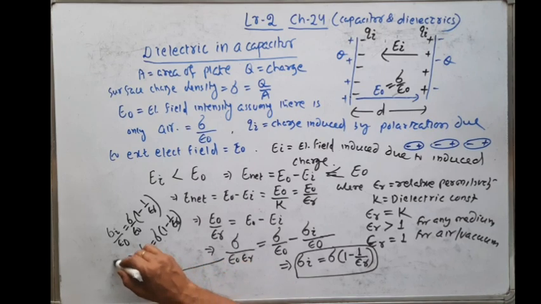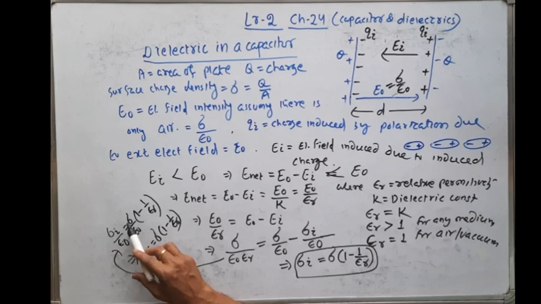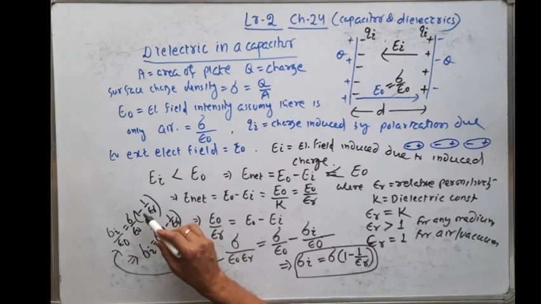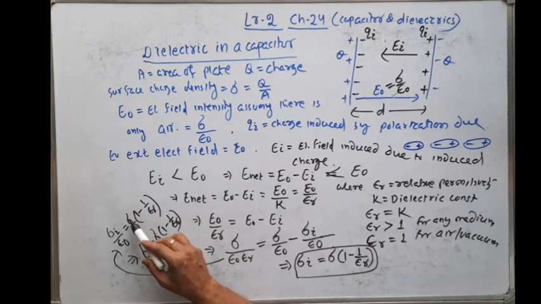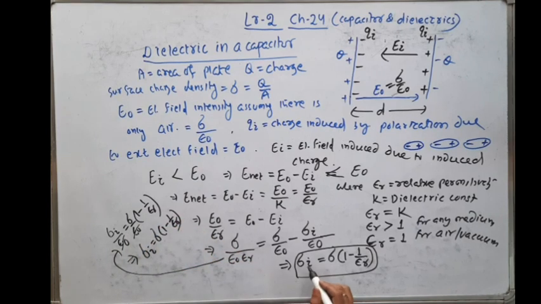So now rearrange this. So sigma i by epsilon naught is equal to sigma by epsilon naught minus sigma by epsilon r. Take common sigma by epsilon naught. Here epsilon naught cancels. So you will get sigma i is equal to sigma into 1 minus 1 by epsilon r. So what is sigma i? It is the surface charge density due to induced charge.